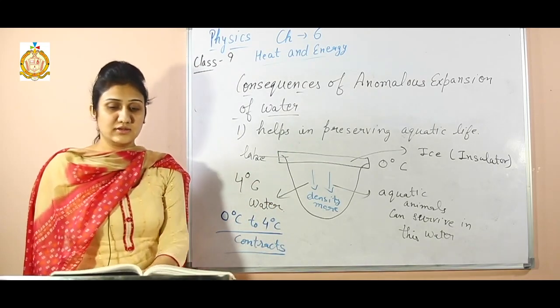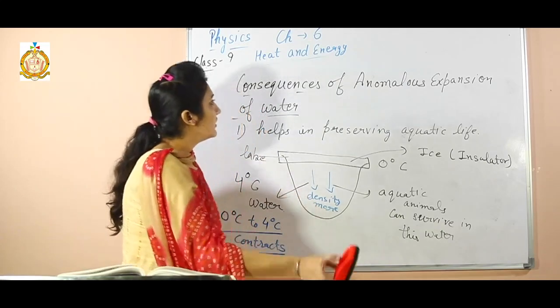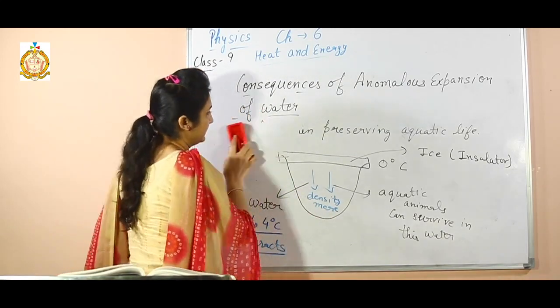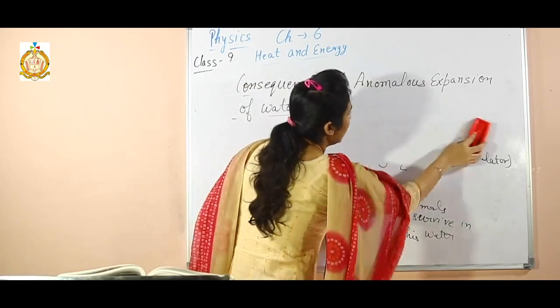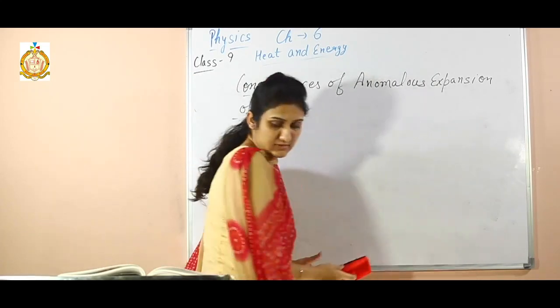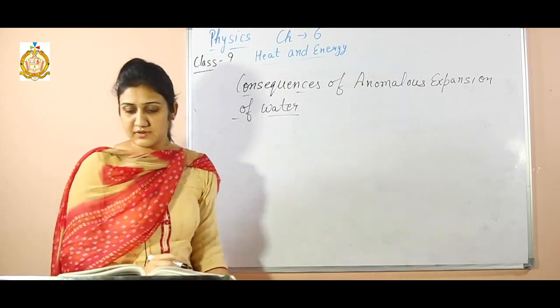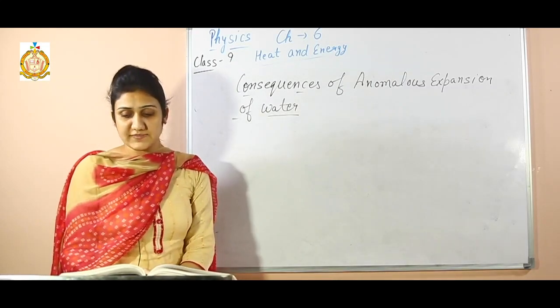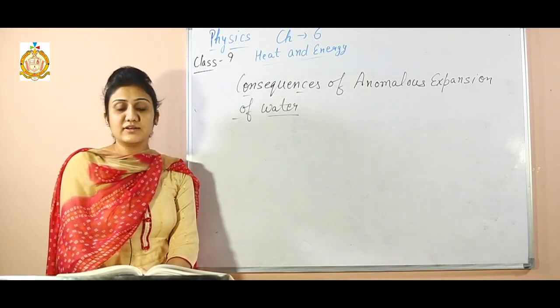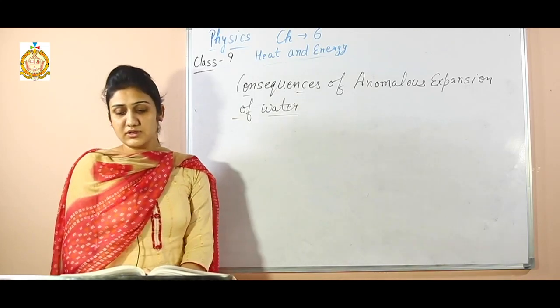And another consequence of anomalous expansion of water is that it bursts the pipes. It is responsible for the burst of water pipes in winters and destruction of crops during cold nights.